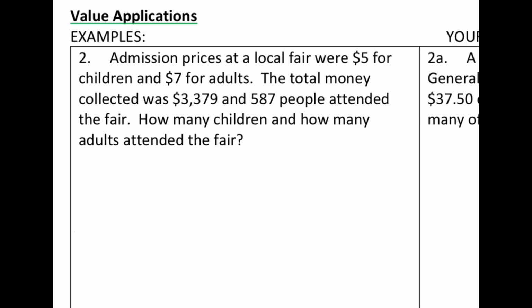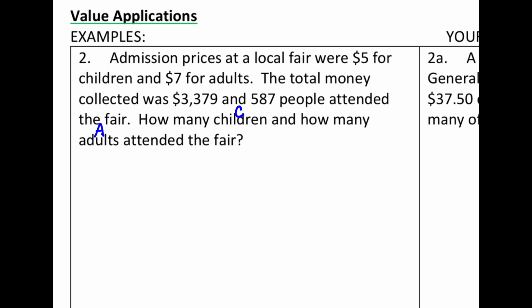Okay, so I'm going to say children are C and adults are A. And actually I'm going to make them both the same color, and you'll see why here in a second.